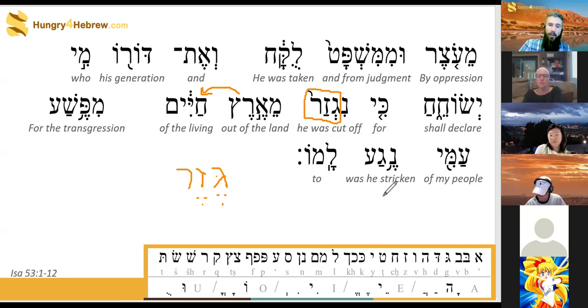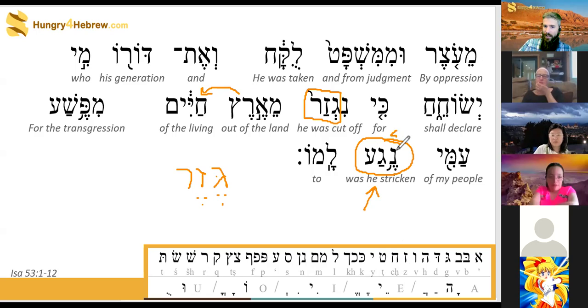Okay, plague, good. So technically, is that a verb? No, it looks like a noun. It's a seglet. Yes. So this should be translated as plague, not as he was stricken. A plague.